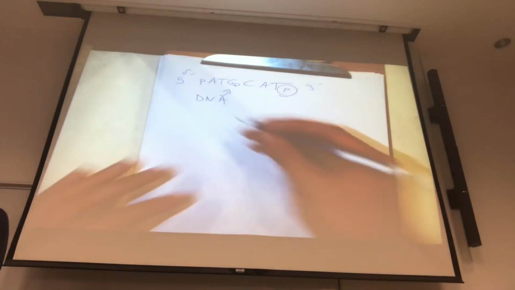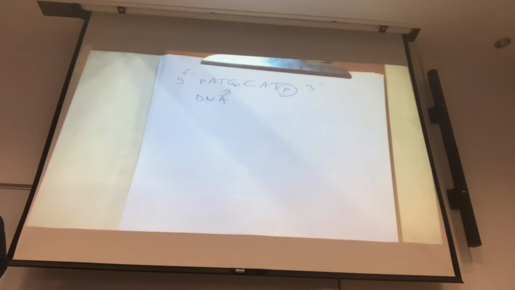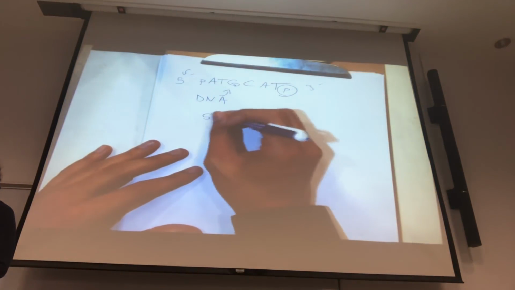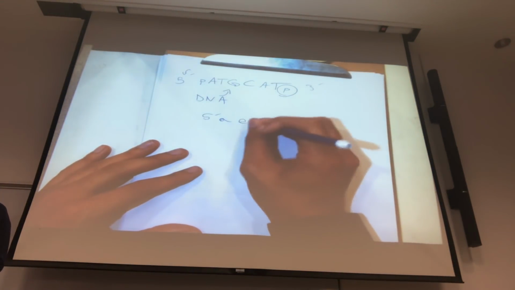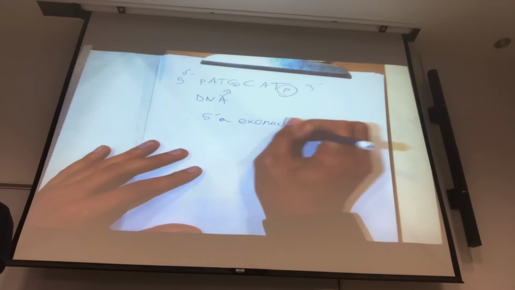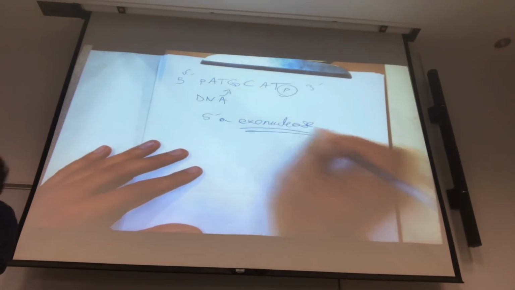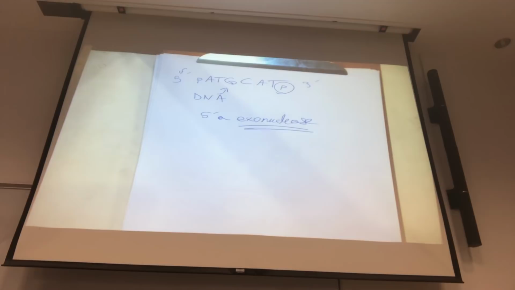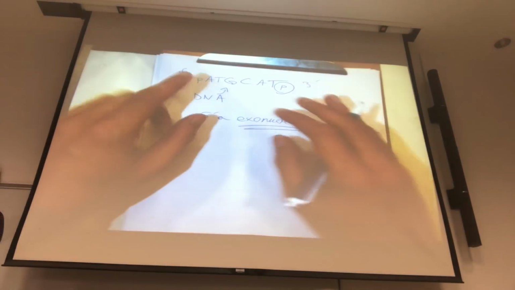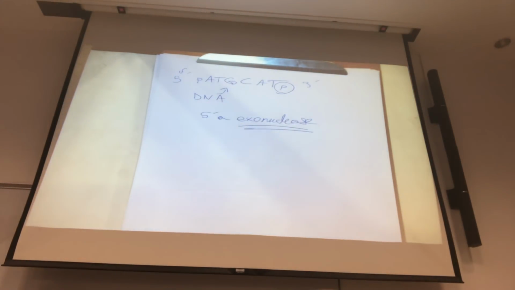Other things they could ask about this is, what if you use a 5'A exonuclease on this thing? If you don't remember, an exonuclease's job is to remove nucleotides one at a time from one end of this DNA strand.